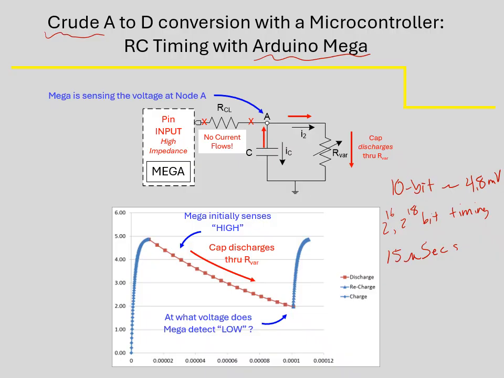So what's going on here is we create this circuit where this is your microcontroller, and we have a current limiting resistor. We have a capacitor and a variable resistor in series. This is your sensor right here, the thing where you want to measure a changing resistance. An example of this would be a strain gauge.